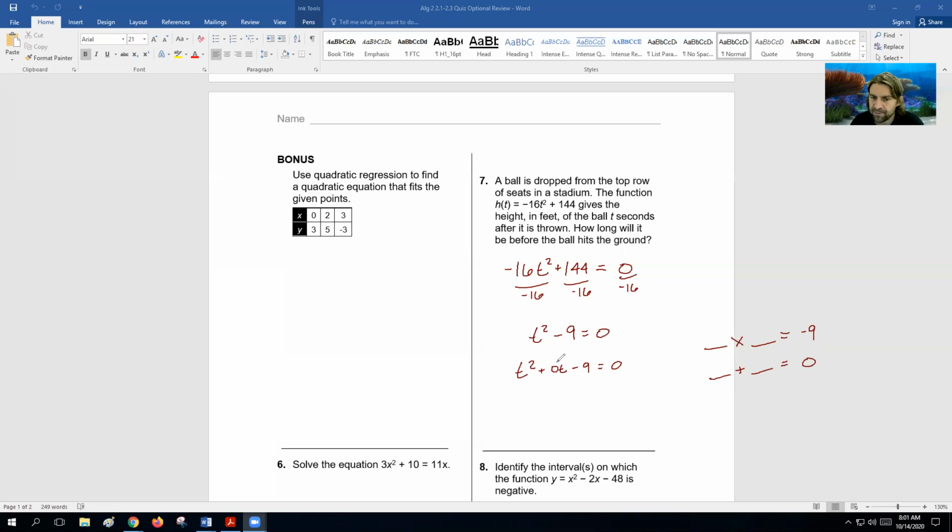In this problem, it just so happened to be 0 in the middle. The one on the test won't be 0 in the middle, so you'll have to do it this way. So that would be a positive 3 and a negative 3. So we get (t minus 3)(t plus 3). To solve, we set both of those equal to 0.